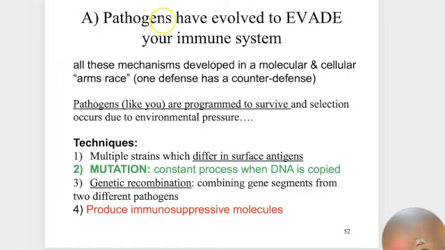Some of the ways they evade our immune system are through mutation, producing immunosuppressive molecules, or genetic recombination.